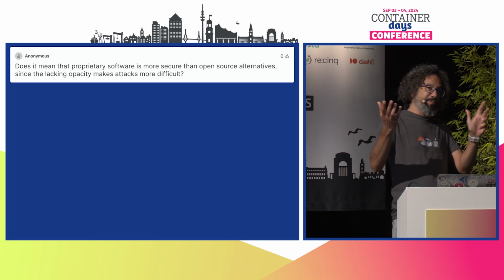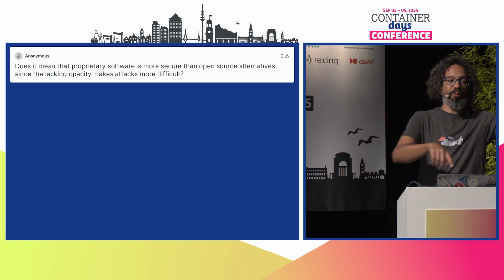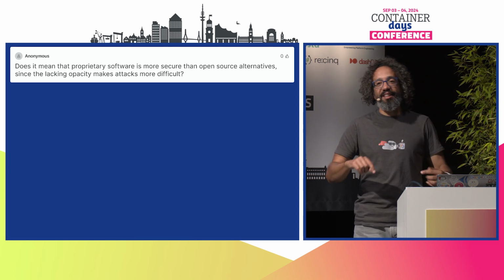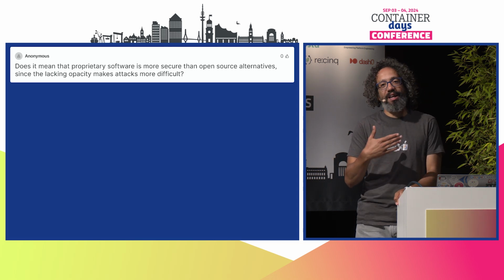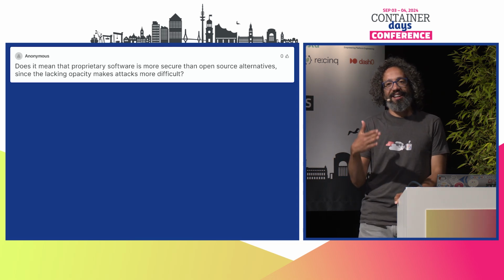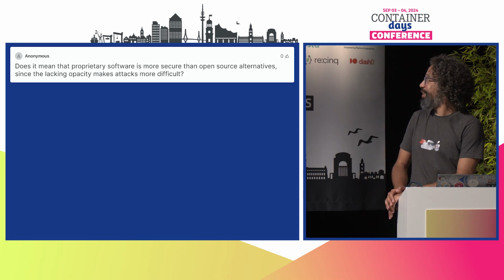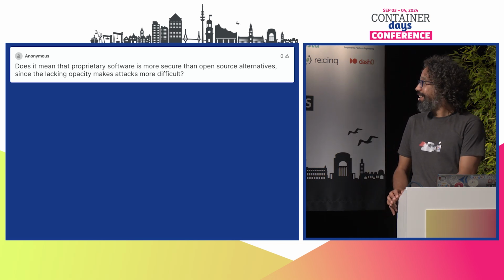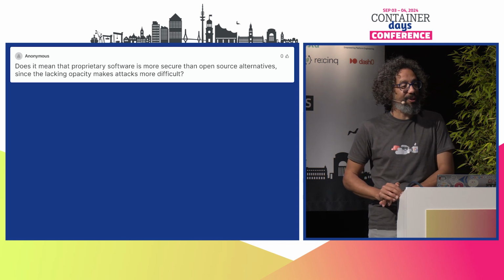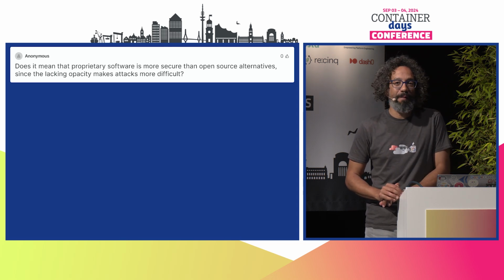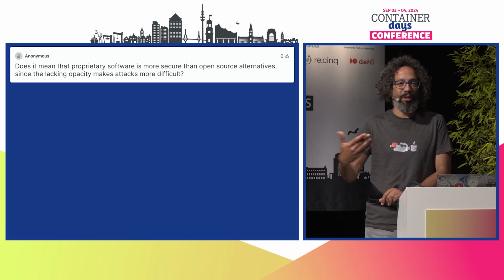Unless your third-party closed source software has a 100% guarantee that they are building everything from scratch themselves, right? Which I have very high doubt that they're doing. Unless that's the case, I don't think it's actually more secure. I would say that in this particular case it would even be less secure, because there is no transparency in how that software has been built.